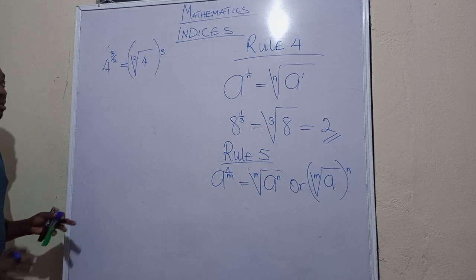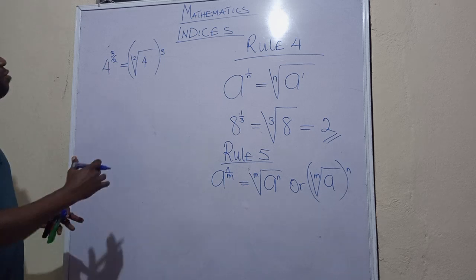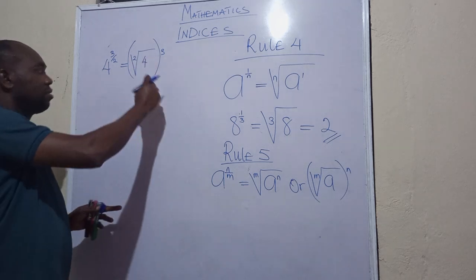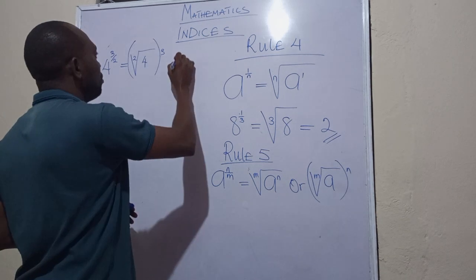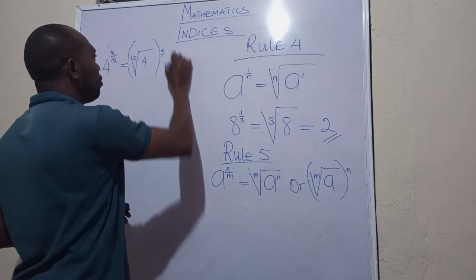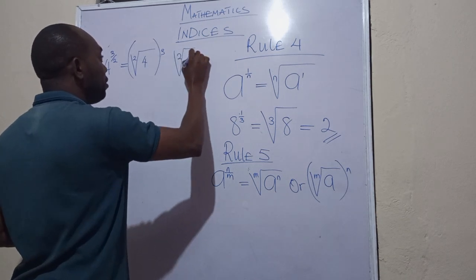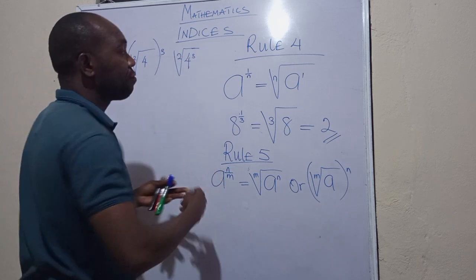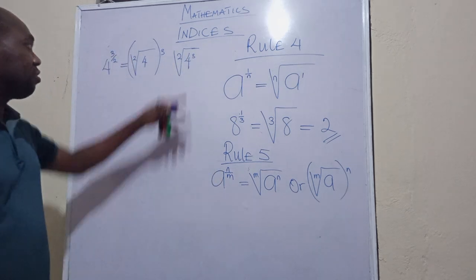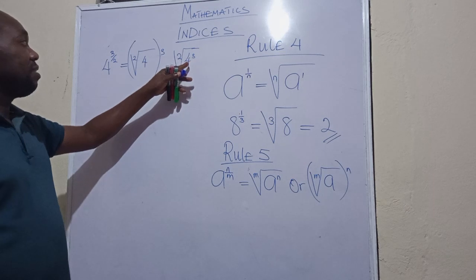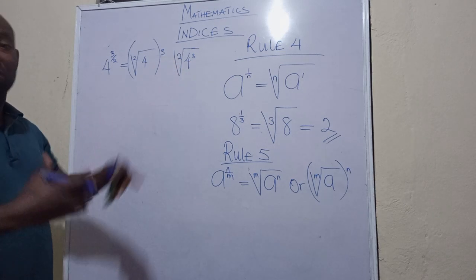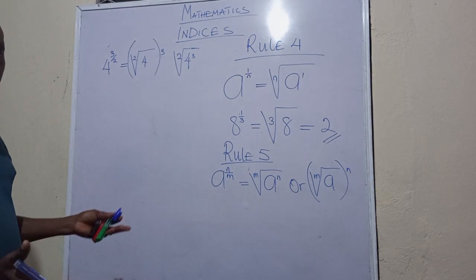If you can see it, it's very simple. But if we use the other way first, the tendency of getting a value that is a perfect square root may not be there.